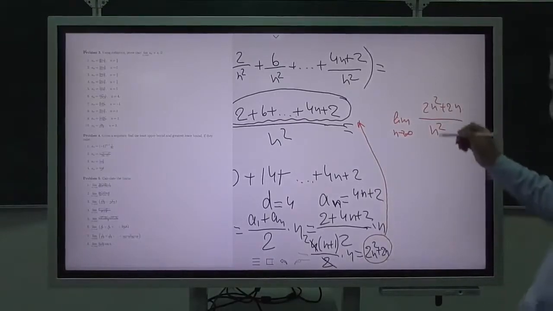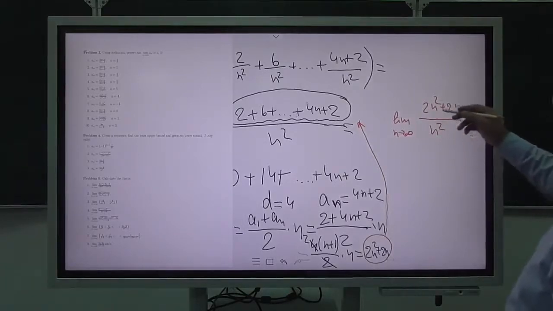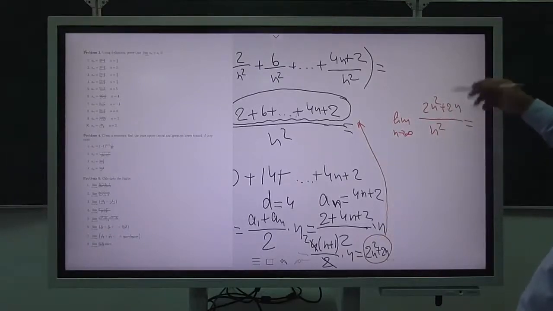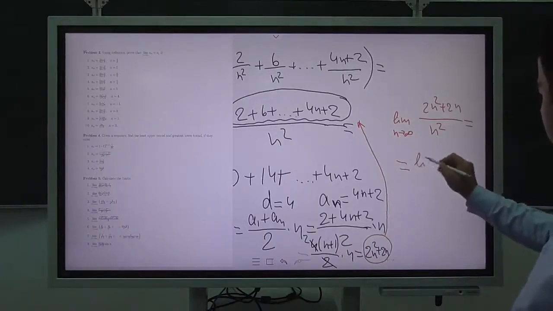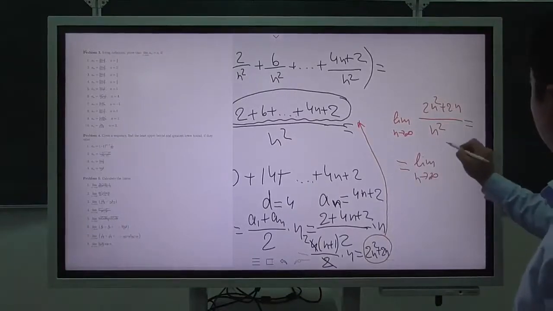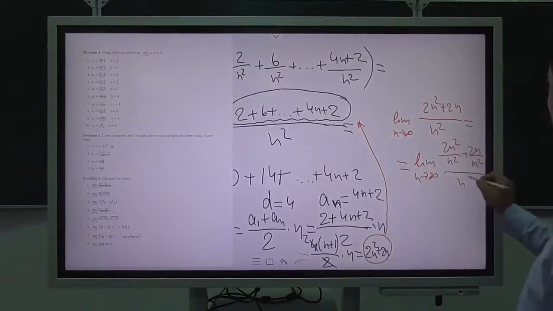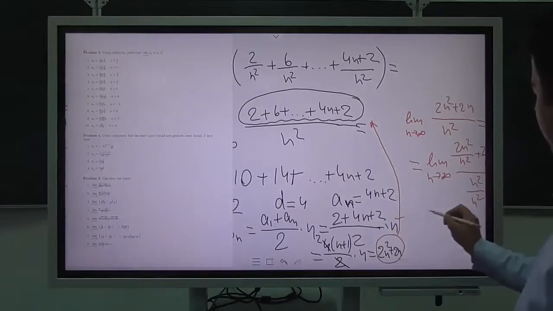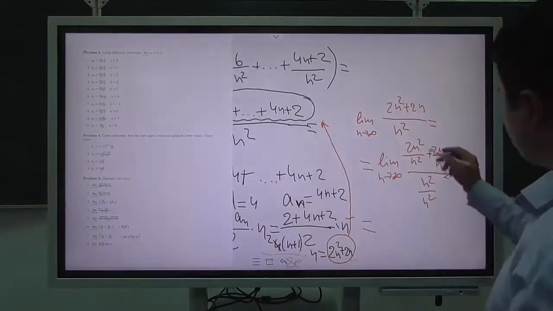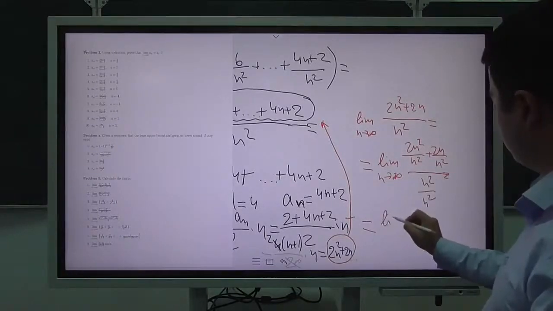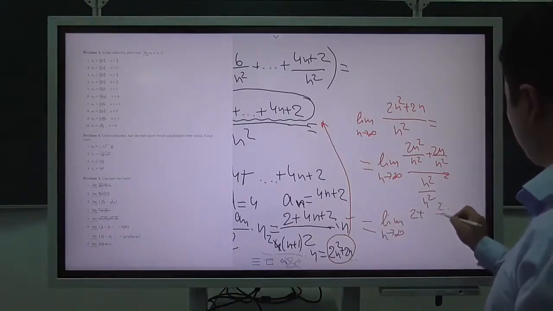If we divide by the greatest term, n squared, it will be 2 times n squared over n squared, which is 2, plus 2 over n.